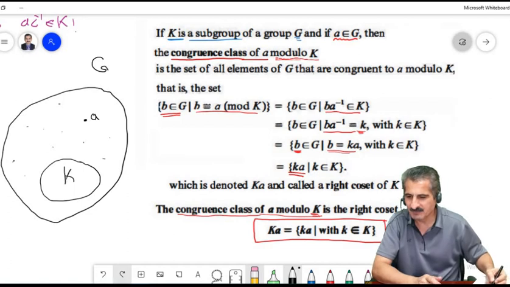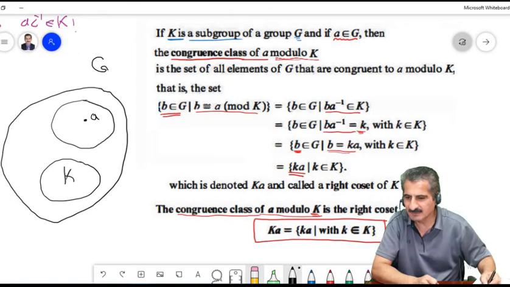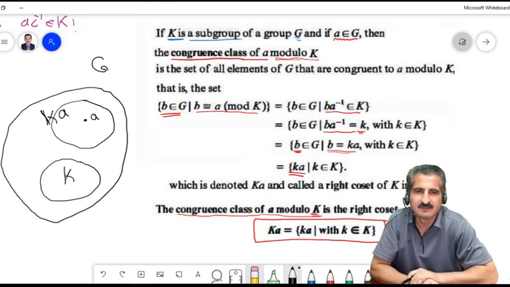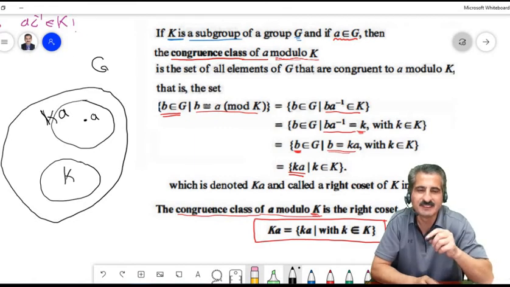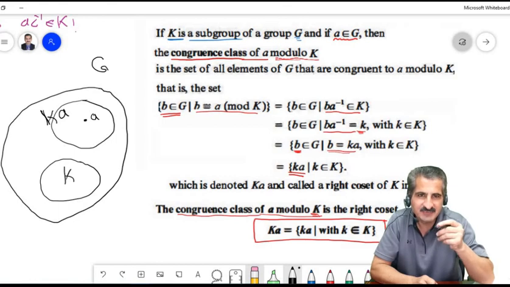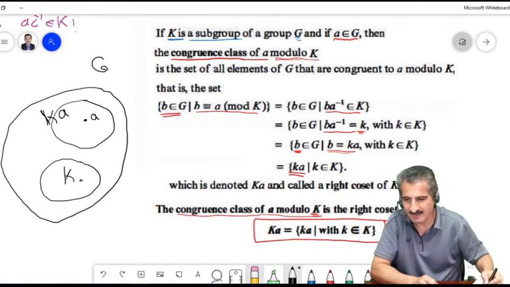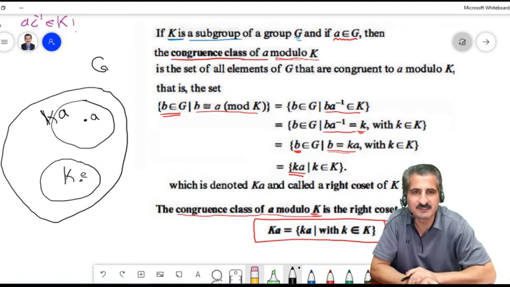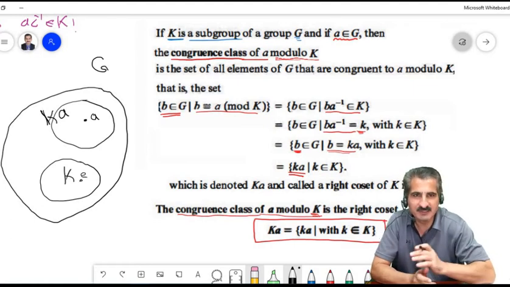Let me go back and take these dots away. So simply, the congruence class of A modulo K will be simply Ka. So we multiplied K by A, and A shall live in that congruence class. Why? Because the identity lives inside K, because it is a subgroup. And K times A then has the identity times A in there.